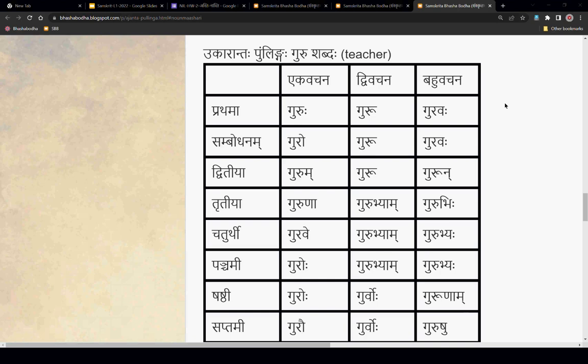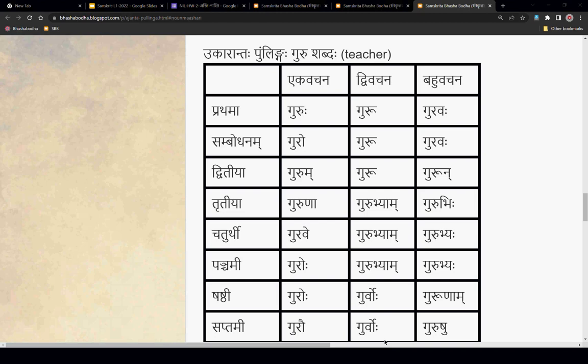Saptami, Guru, Gurvoho. Gurusu. Guruvoho, Gurvoho, Gurusu.